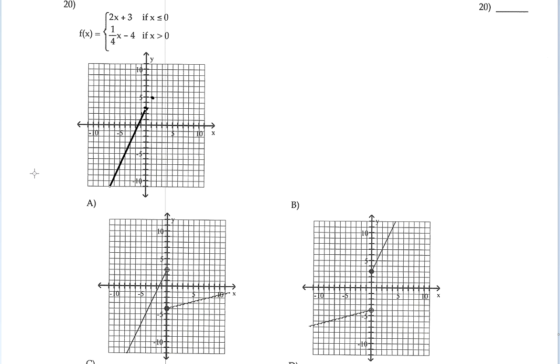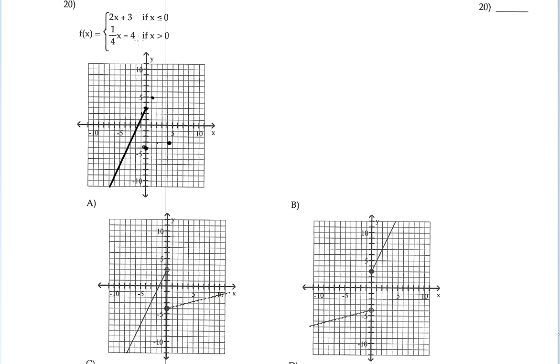Okay. And that is a solid line. This next line is going to be a dash line. You know the problem I have with that. But it is at negative 4. Start here to graph that line. And I'm going to go up 1 and over 4. 1, 2, 3, 4. Up 1 over 4.